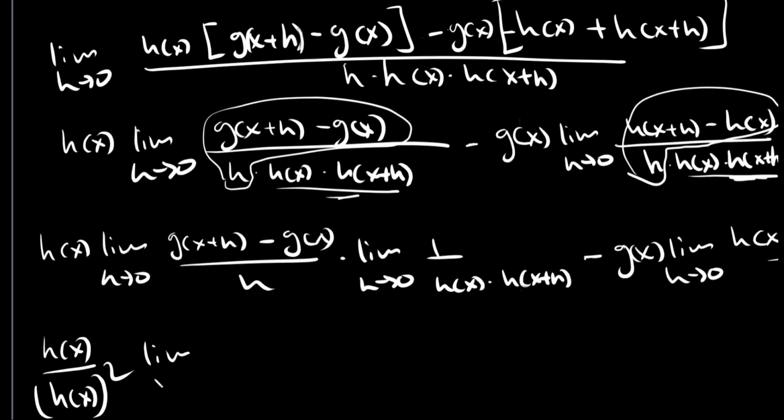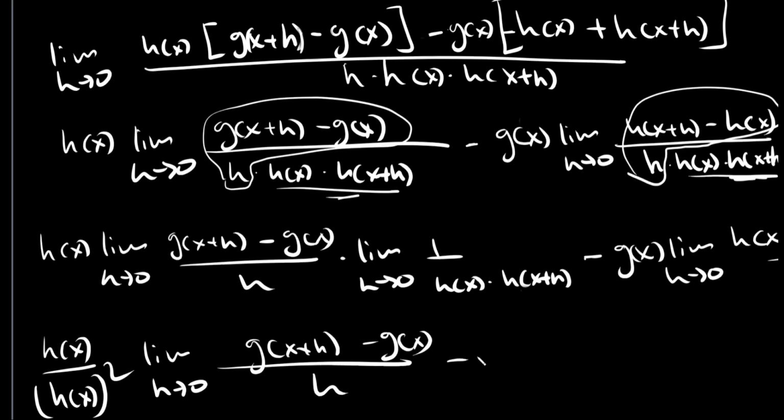And we have this h equals 0 for g of x plus h minus g of x divided by h, minus g of x divided by h of x to the power of 2.